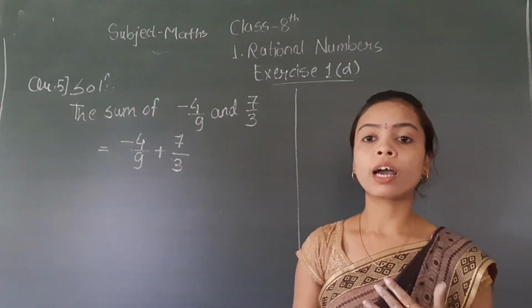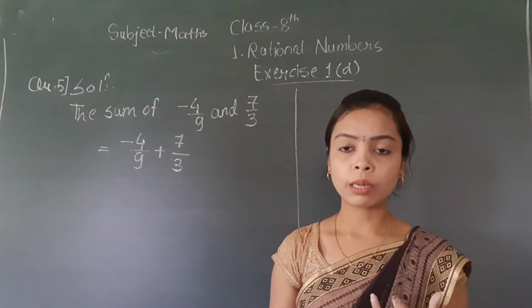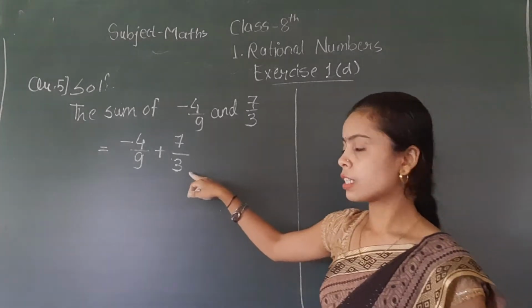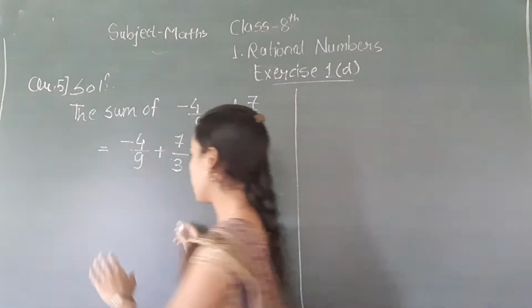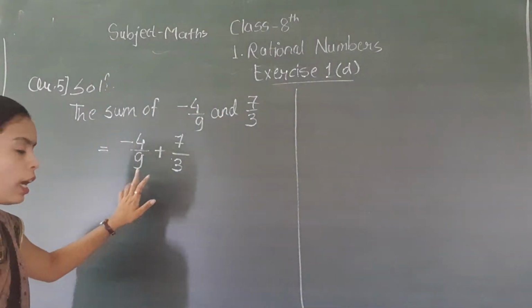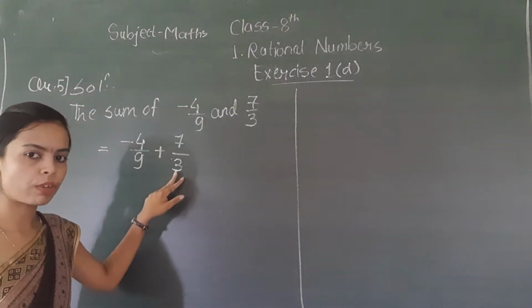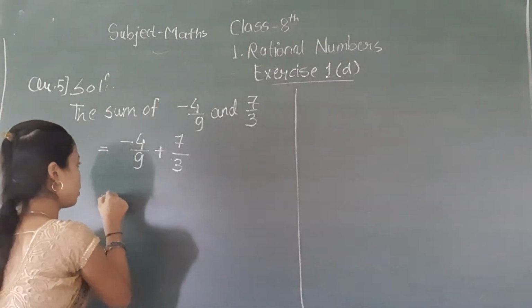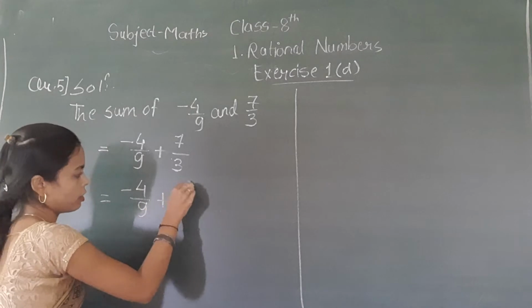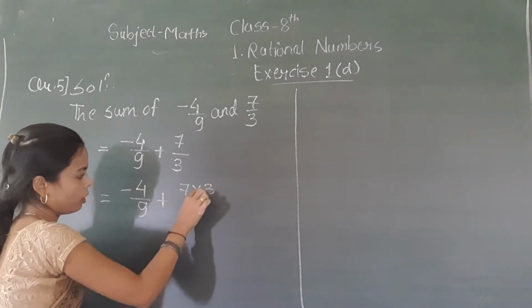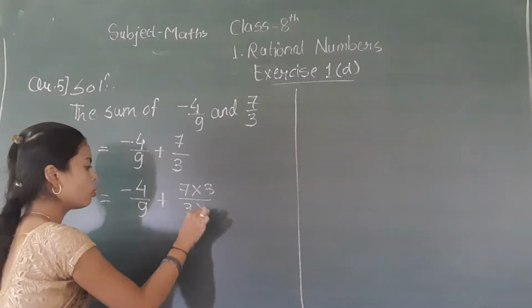So first we make the denominator the same by multiplying our second fraction, or second rational number, by 3, because here the denominator is 9, and to make the denominator of the second fraction 9, we have to multiply by 3. So minus 4 upon 9 plus 7 into 3, and in the denominator it is 3 into 3.